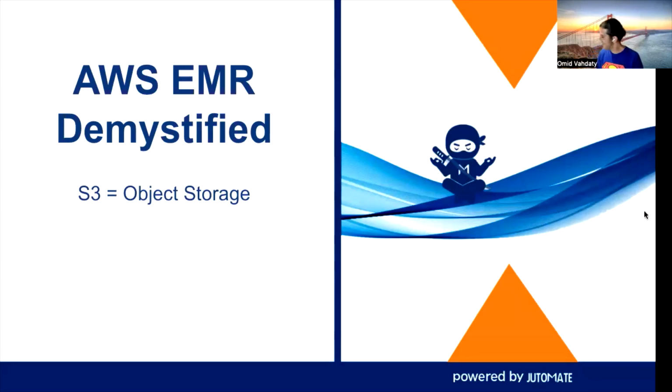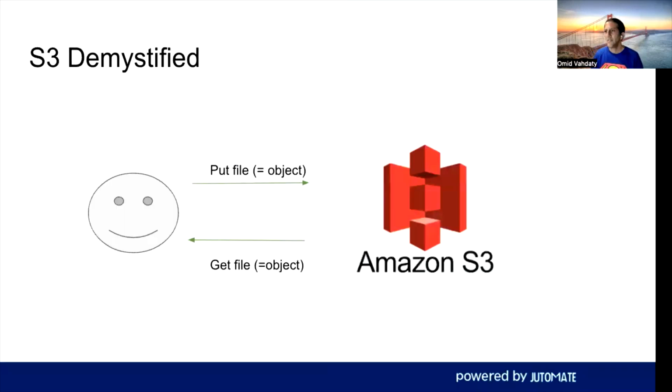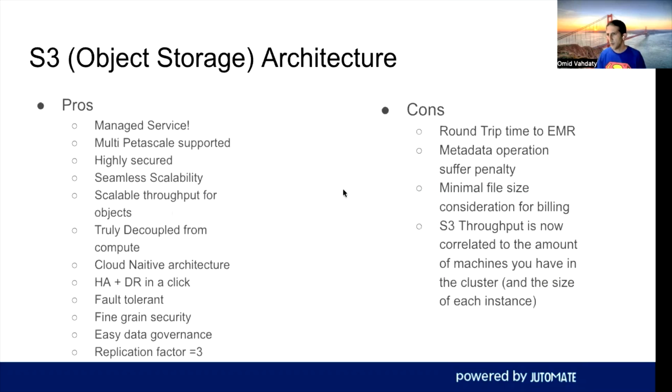S3. S3 is essentially quite similar in purpose to a storage solution in the EMR ecosystem. So like HDFS, you can do two operations, put and get. I mean, give me a file or get a file. So one would ask, what's the difference from HDFS if it's more or less the same?